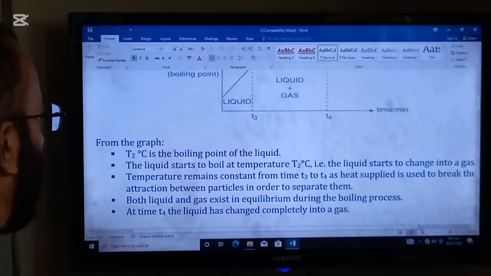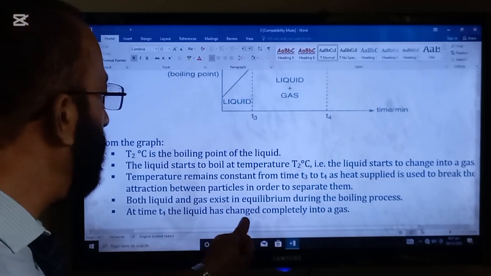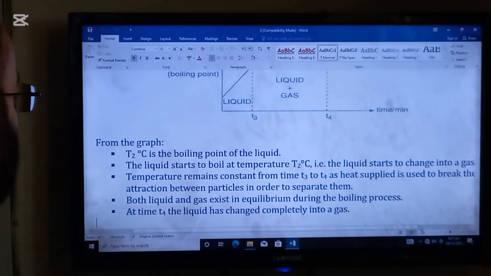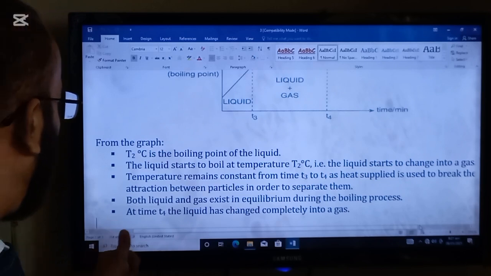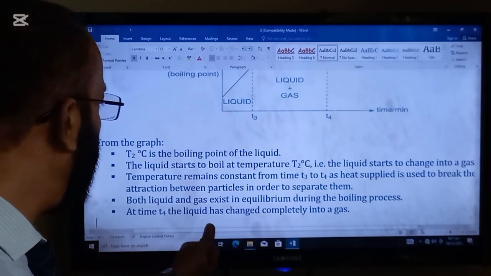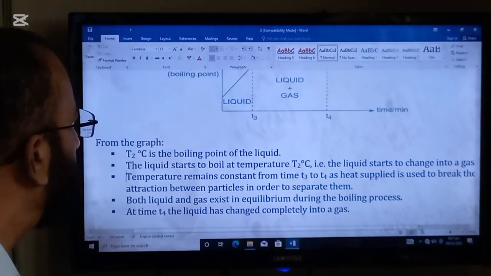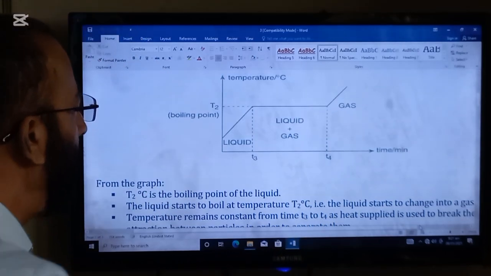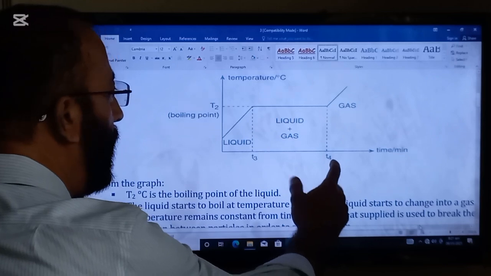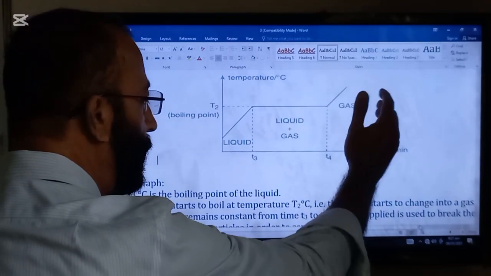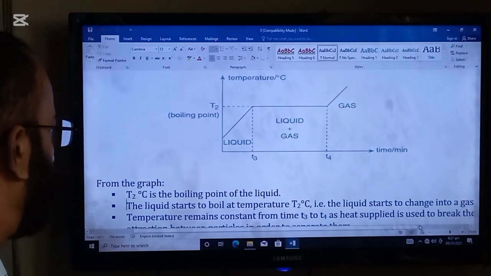Both liquid and gas exist in equilibrium during the boiling process. And at time T4, the liquid has changed completely into a gas. So here is the time T4. At this time, all the liquid will be converted into gas.